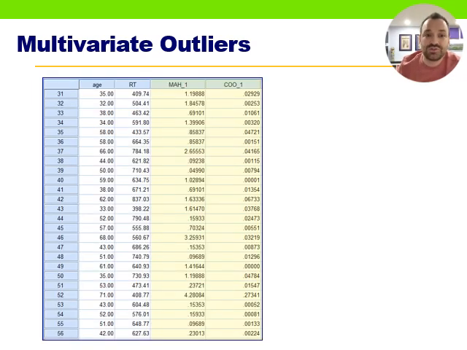Since we checked those boxes back in the save menu a few minutes ago, after we run the test, if you jump back into data view where our variables are, you're going to see that there are some new variables there that weren't there before. For each participant, we not only know their age and reaction time, but we now also know their Mahalanobis distance, which SPSS calls Ma1, and their Cook's distance, which SPSS calls Ku1.